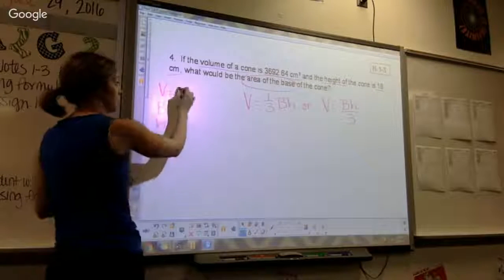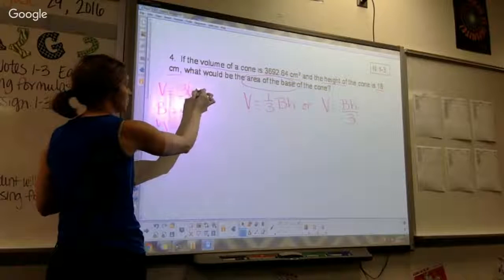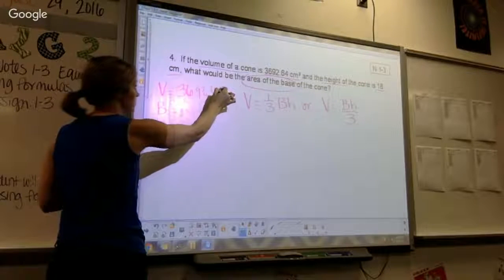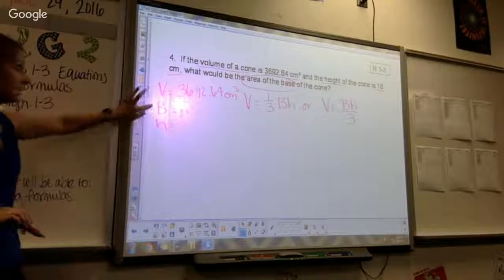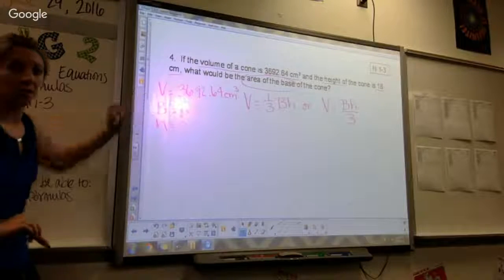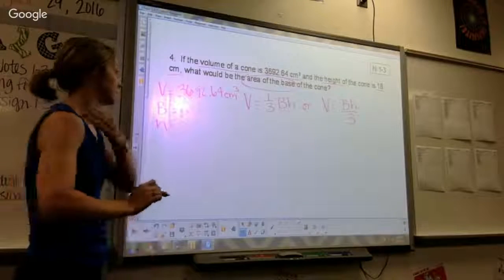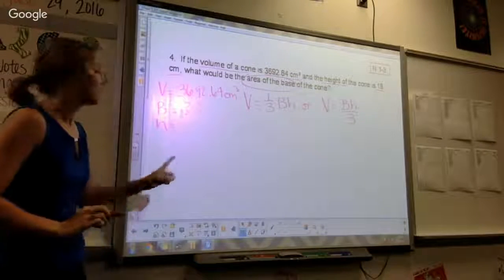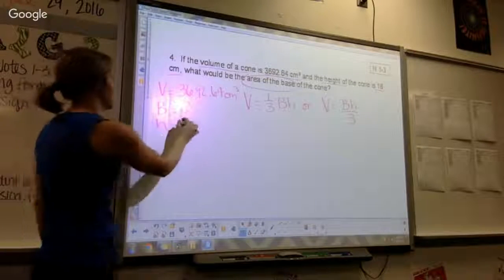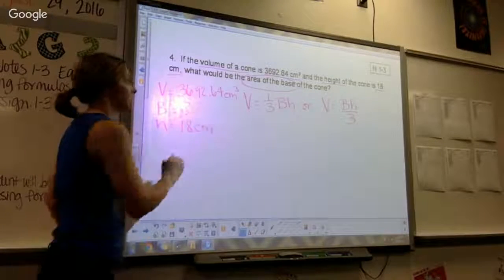V is the volume, which we know is 3,692.64 cubic centimeters. Big B on any formula that you have represents the area of the base, which is what we have circled here. So that's what we're trying to find. And then the H, the height, is 18 centimeters.